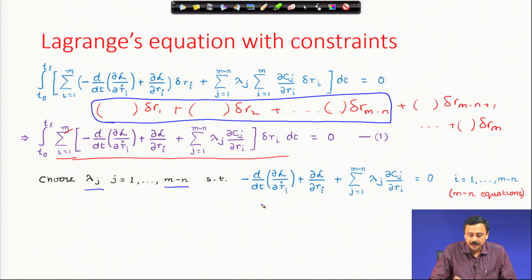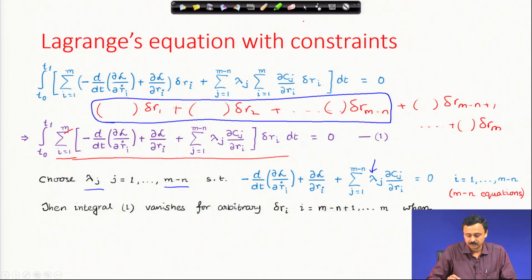Okay, let us say that these regularity conditions are satisfied, so that the first m minus n bracketed terms go to 0, and I have chosen these lambdas as special values for which these first m minus n bracketed quantities go to 0. What happens to the rest, from m minus n plus 1 up to Rm? Now, these can be independent variations, these can be independently chosen, and they are independent variations, therefore, each of those bracketed quantities must be 0.